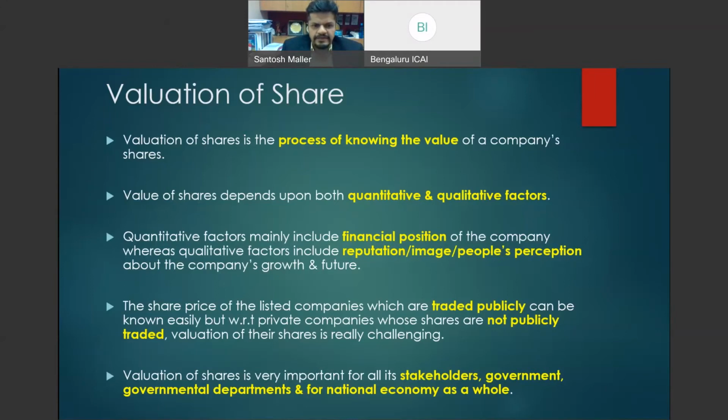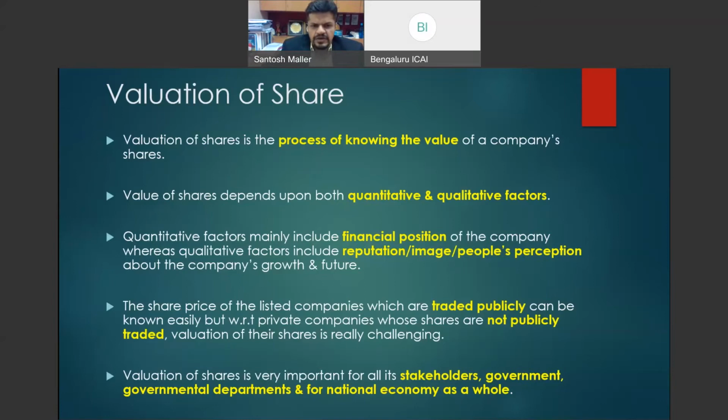The value of the shares depends upon both qualitative and quantitative factors. We discussed that. Quantitative factors mainly include the financial position of the company, whereas qualitative factors include reputation, image, and people's perception about the company's growth and future.